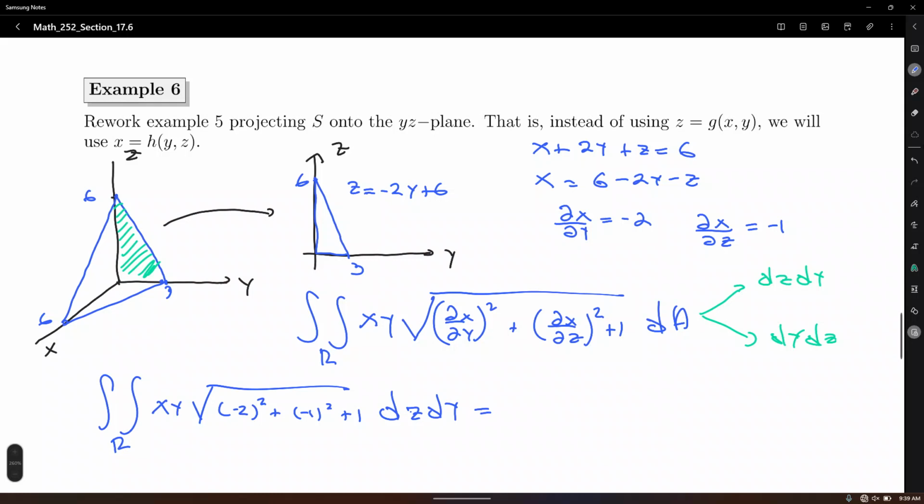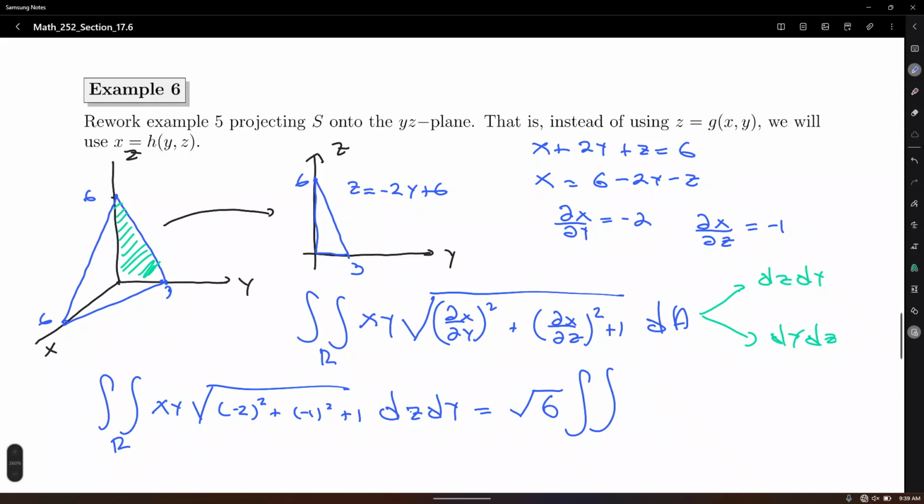2 squared is 4, plus 1 is 5, plus 1 is 6, the same square root of 6, right? From the other way. Oh, but be careful. Do you see the catch here? So our integral is supposed to depend on z and y. Look at the variables of the density function.